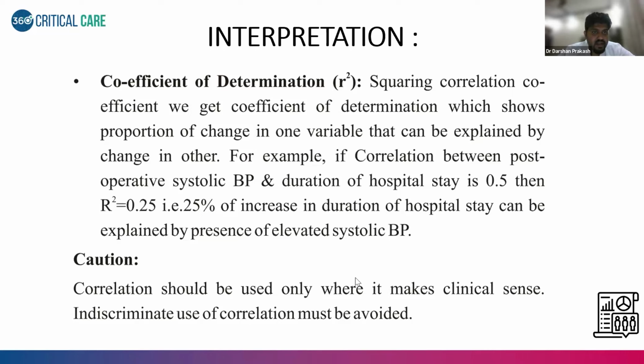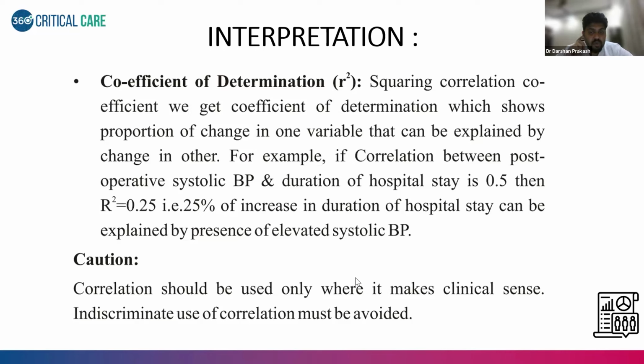So R square, the coefficient of determination, will become around 0.25, that is 0.5 into 0.5, roughly 25%. What it means is that 25% of the increase in the duration of hospital stay can be explained by the presence of elevated systolic blood pressure. This is how we have to interpret the data when it is given.